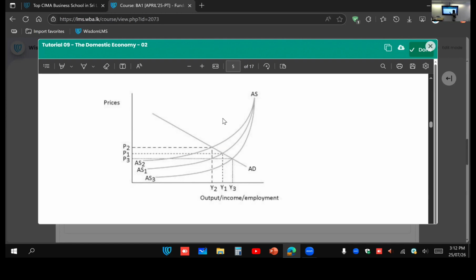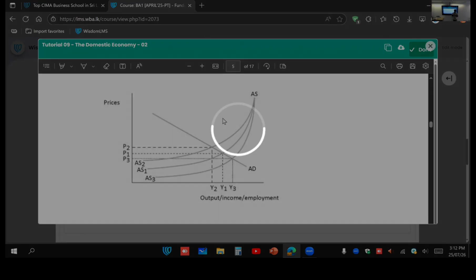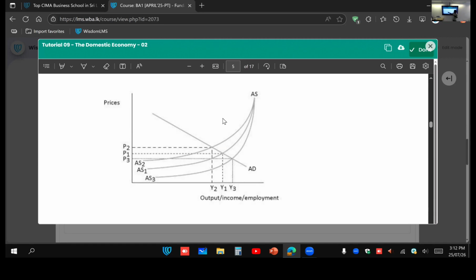Demand curve remained the same. Aggregate supply moves from AS1 to AS2, which would lead to national output or income or employment, moving from Y1 to Y2, decreased, right? When the supply curve decreases, Y1 to Y2, how can you interpret?